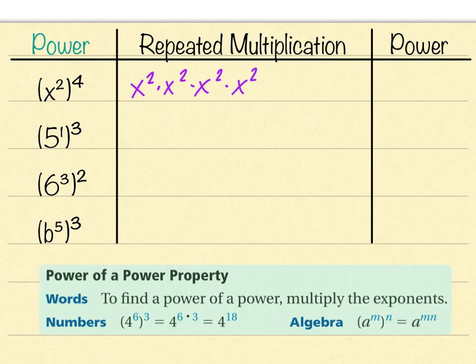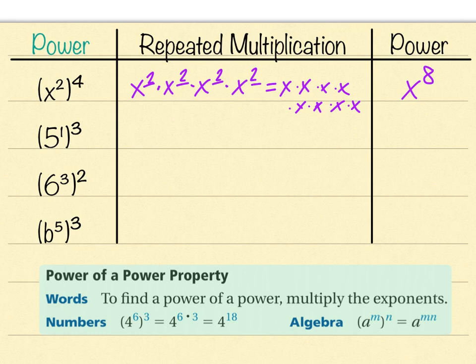Now, we know from the product property that if I'm multiplying with the same base, I would just add the 2's all together. So that should be x to the 8th power. And you can prove that because x times x times x times x times x times x times x times x is a total of 8 x's.